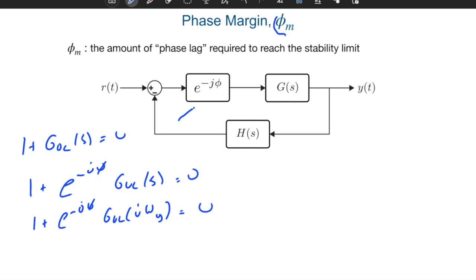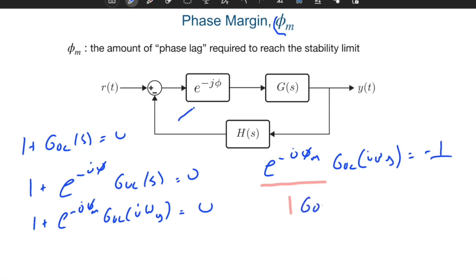So at this critical phase, my equation is e to the power minus j phi m times GOL(j omega g) is equal to minus 1. I have a complex quantity equal to minus 1, with a magnitude and a phase. Looking at the magnitude, the magnitude of e to the power minus j phi is equal to 1, so I need to satisfy GOL(j omega g) magnitude is equal to 1.